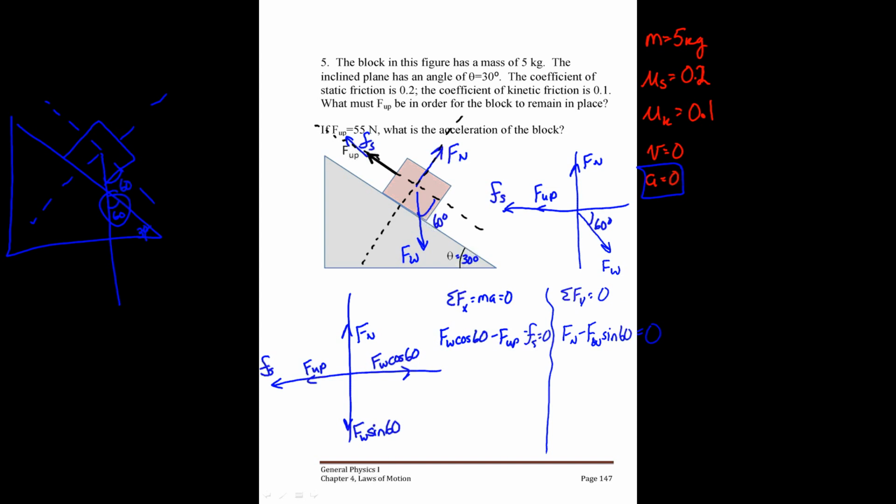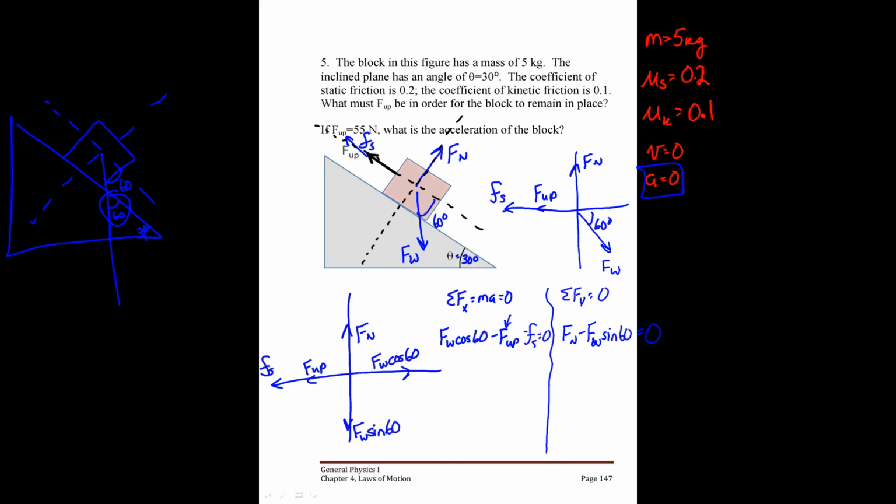So you basically do this up to this point for every inclined plane problem. Write out your x and y equations for the forces in the x and y directions. And then you want to ask yourself, well, what is it that I'm looking for? I'm looking for F up. All right, so I have F up right here, but I don't know what Fs is.